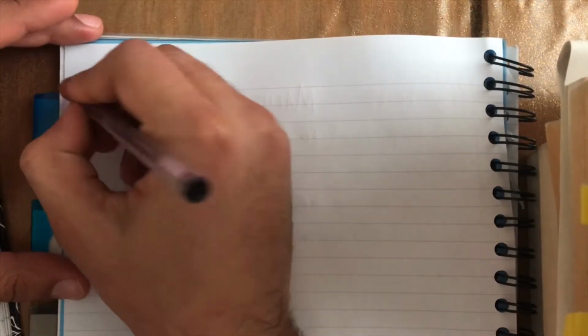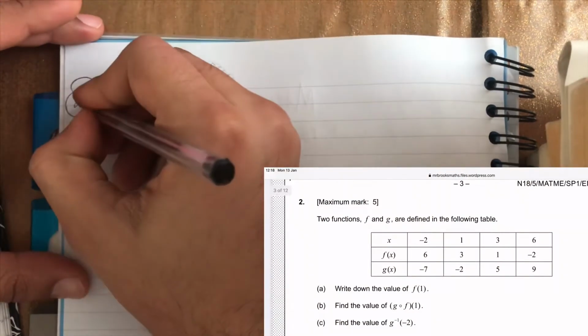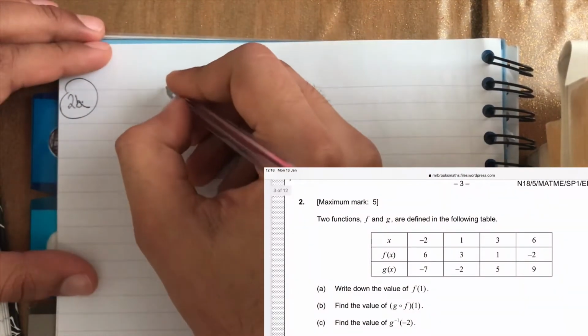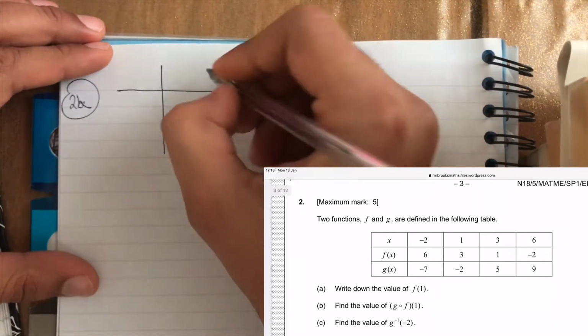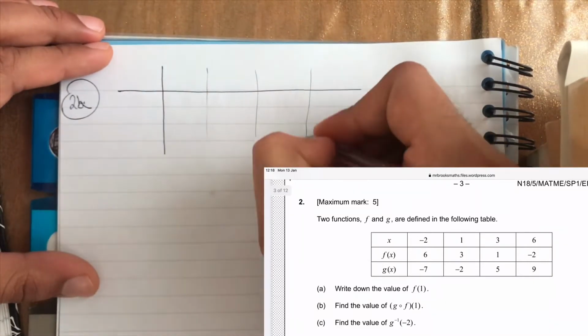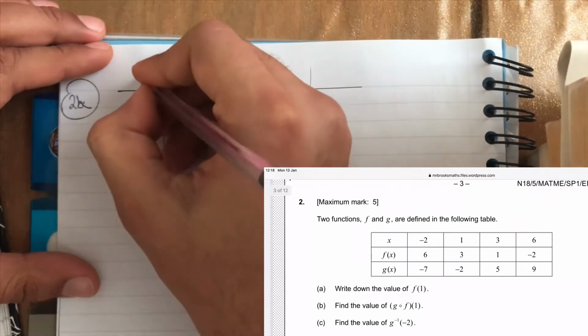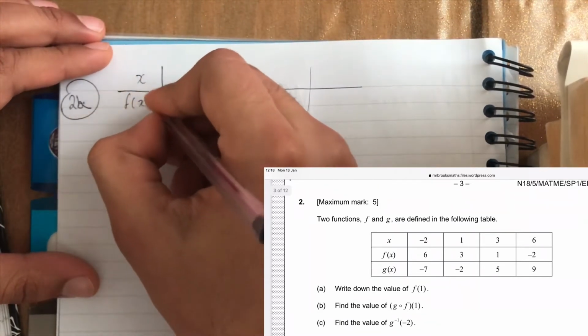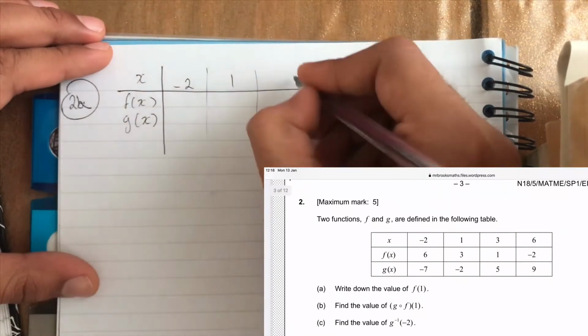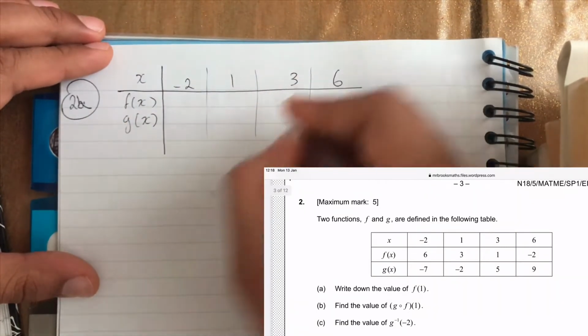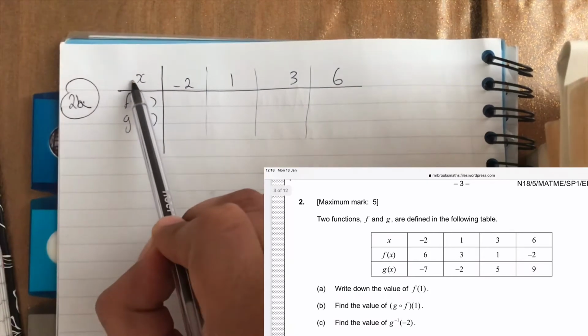Question 2. Now, I know we have it on paper, but I'm just going to write the table again, so I can illustrate better how it's used. Well, we've got x at the top, and f of x below it, and g of x below it. And the numbers next to them correspond to what values f of x and g of x give out.